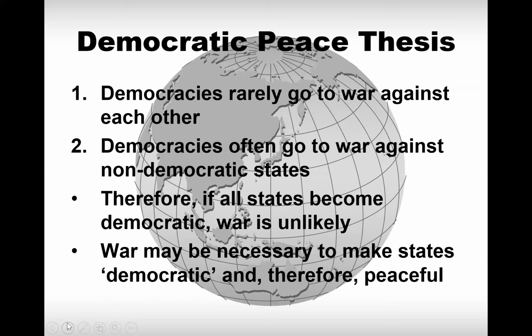This is because both South Korea, at least since the 1980s, and Japan are liberal democracies. And the fact that they're liberal democracies means that war between them is unlikely, whereas there is more of a chance of war between Japan and the DPRK, North Korea. There's a far greater chance of war between Japan and the DPRK than Japan and South Korea.